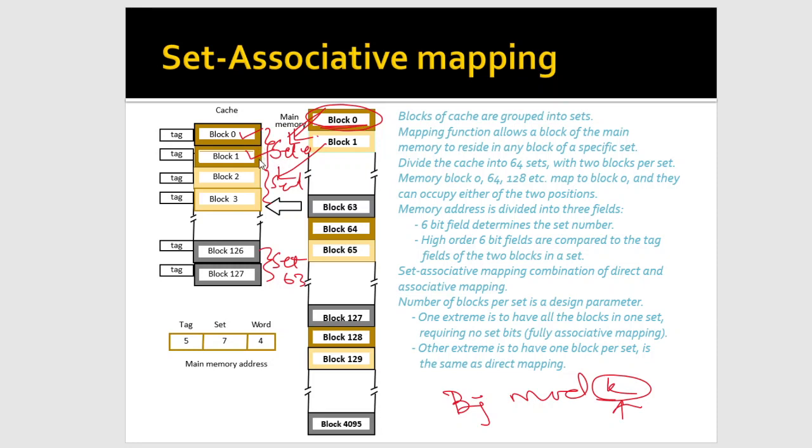But the number of blocks in a set will vary, and typically it will be 2, 4, 8, 16, like that. This is referred to as associativity. We can say k-way associativity: if k is the number of blocks in a set, then that is called k-way. Typically the value of k will be 2, 4, 8, 16.